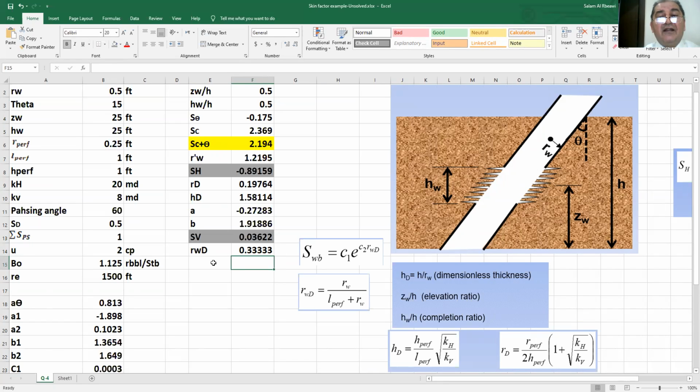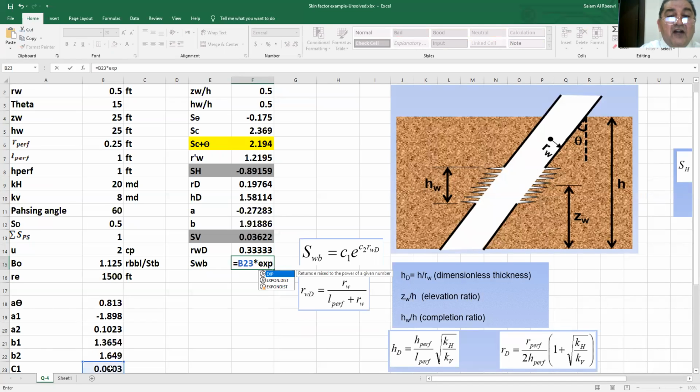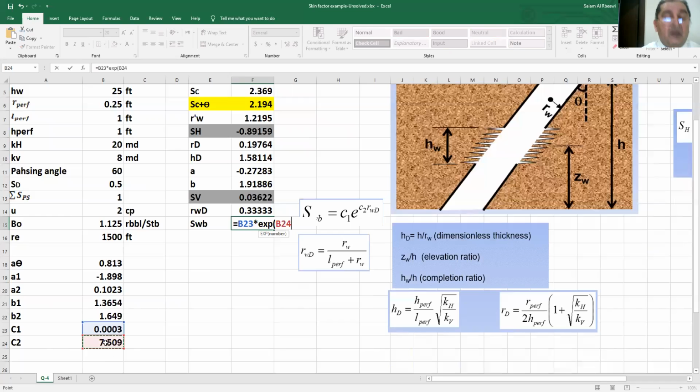Now we can calculate S sub WP. This would be C1 times exponential of C2 times RWD.